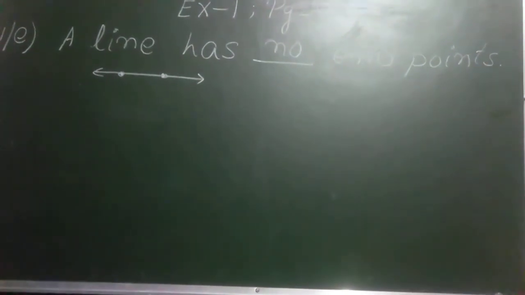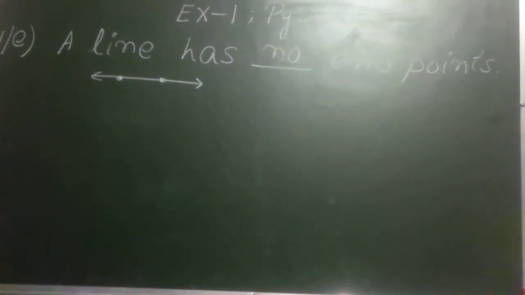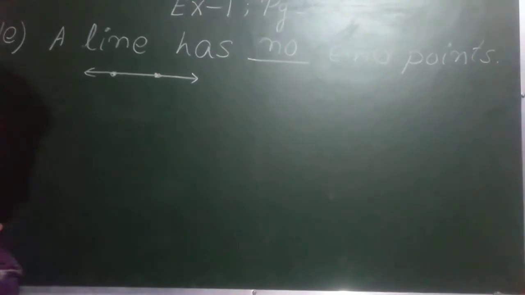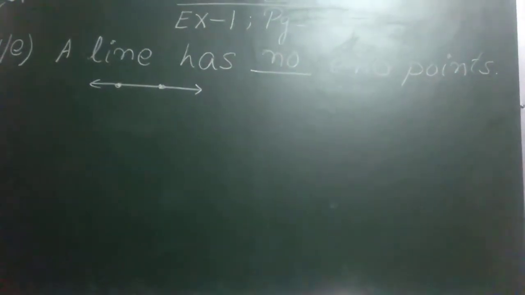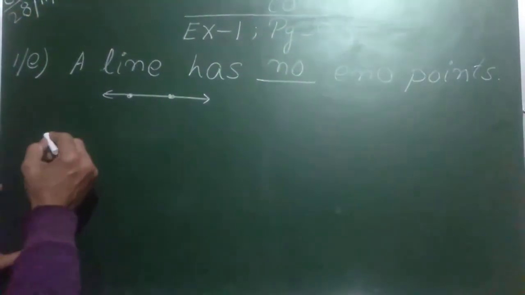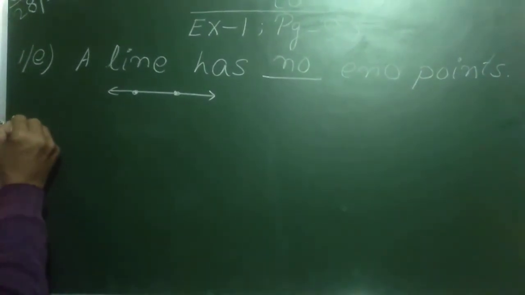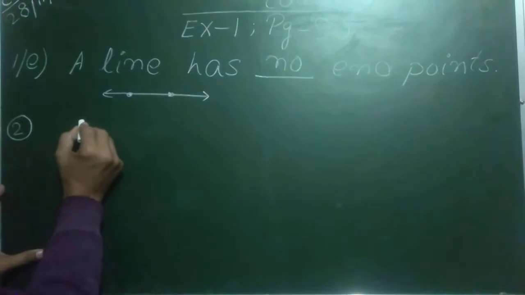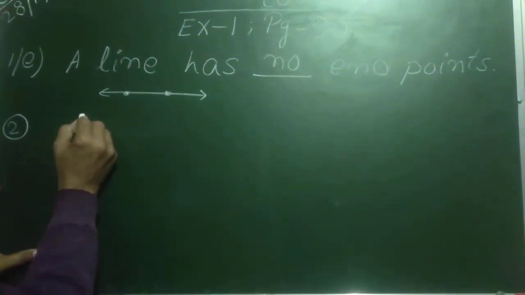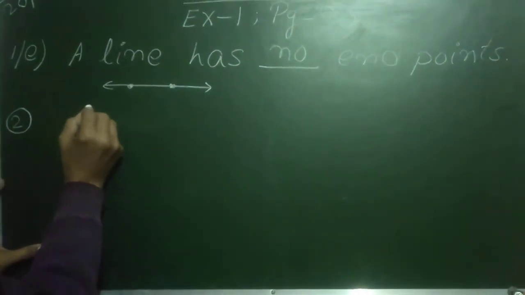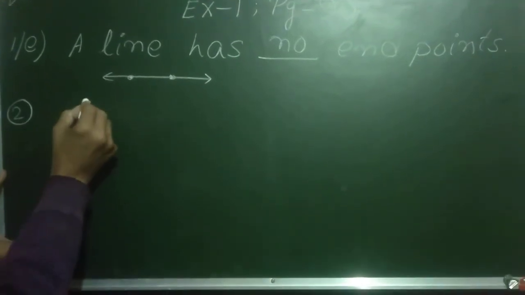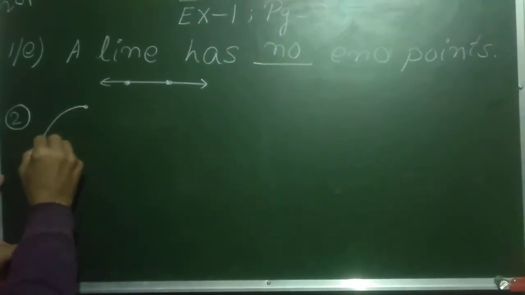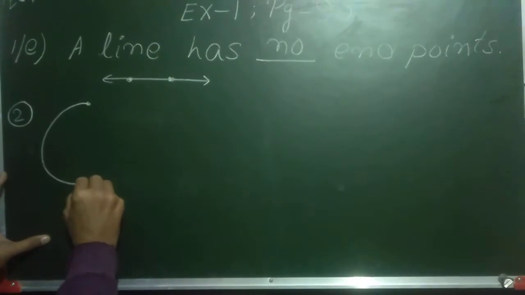You must know what is open figure and what is closed figure. Okay, so this is the explanation of question number 2. I am drawing this figure. I am starting from this point, and I have drawn up to this.